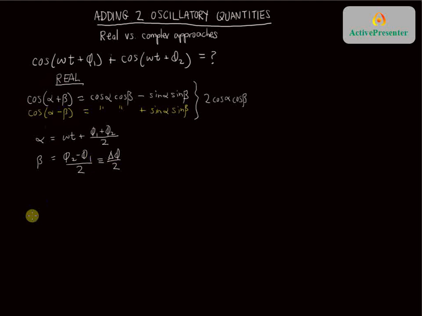With alpha and beta defined this way, you can then rewrite the initial expression up here.